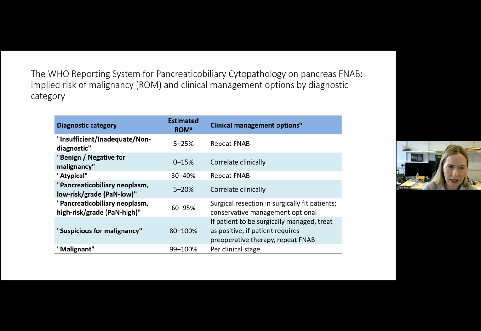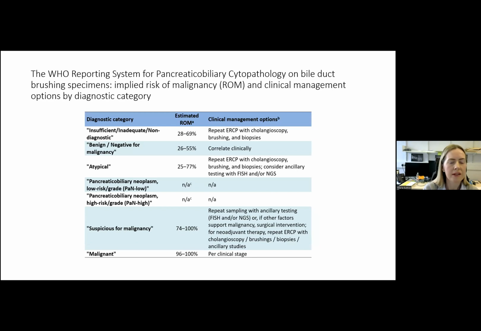If you have a benign category, you correlate clinically, and often there is no requirement to treat the patient, and follow-up is all that's required. This is the same for the risk of malignancy of bile duct brushings. Where you call a bile duct brushing malignant, your estimated risk of malignancy is as high as 96 to 100%. By calling a biliary brushing malignant, the patient will then be treated according to the stage. If the tumor is resectable, the patient will undergo a resection.